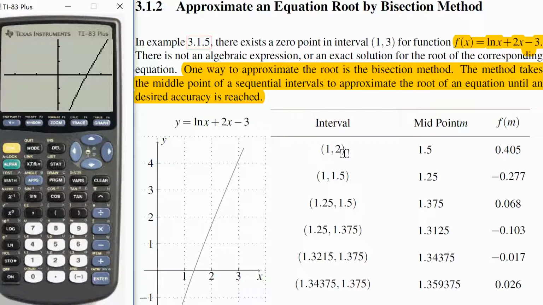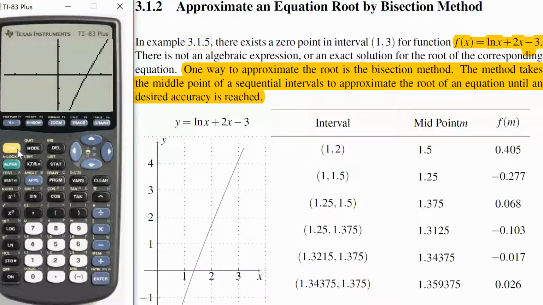Between 1 and 2, the middle point is 1.5. 1 plus 2 divided by 2 is 1.5. That's basically somewhere here, the middle point. We use this middle point to approximate the root.